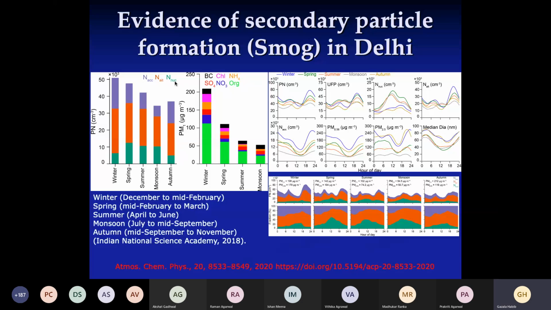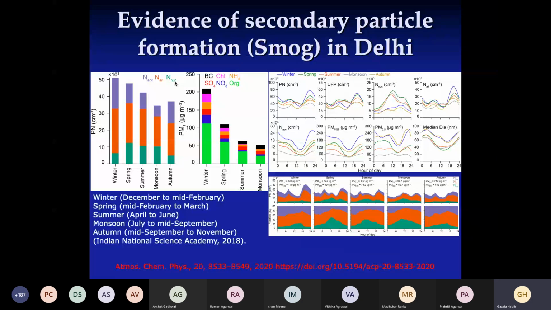This means that fresh emission is high in Delhi, because this is the city where you will find cars and various other sources, and the pollution also comes from other regions, and at the same time the particles are going through various processes and becoming bigger in size.